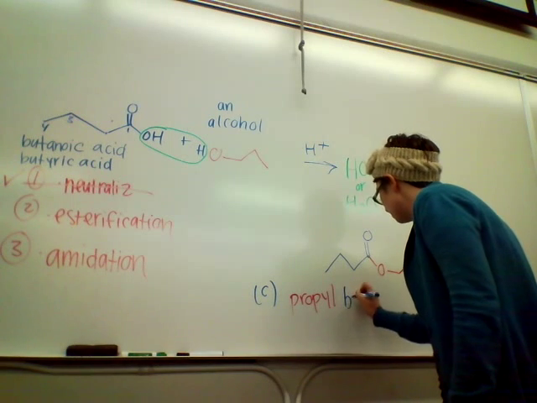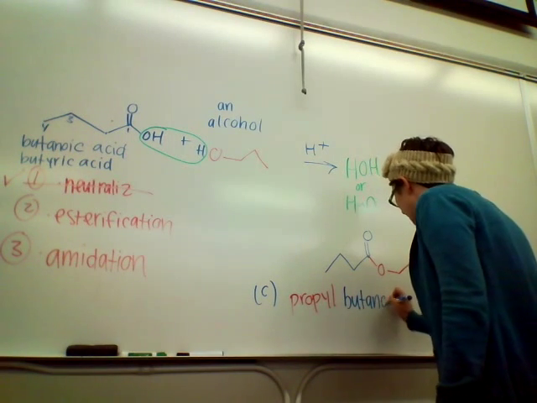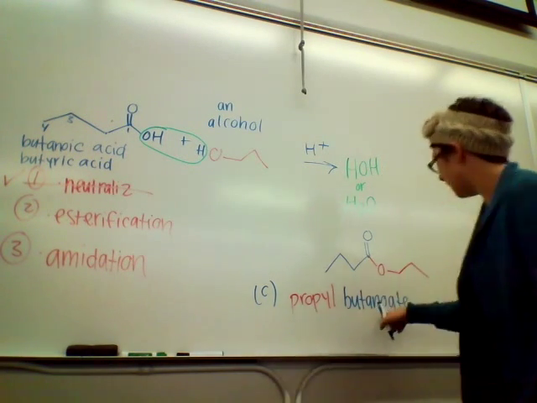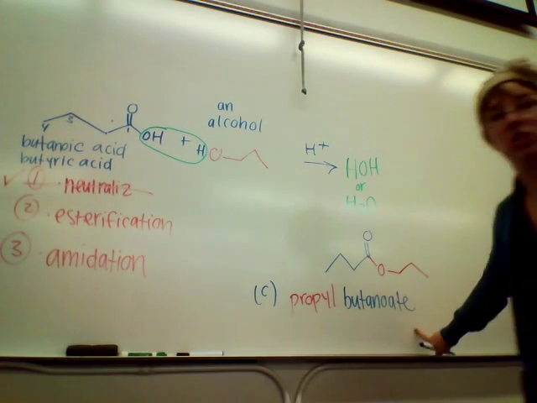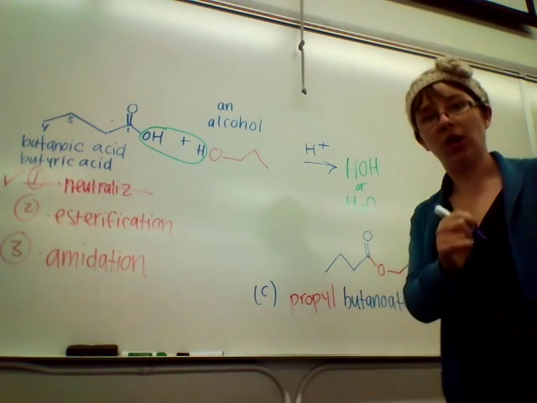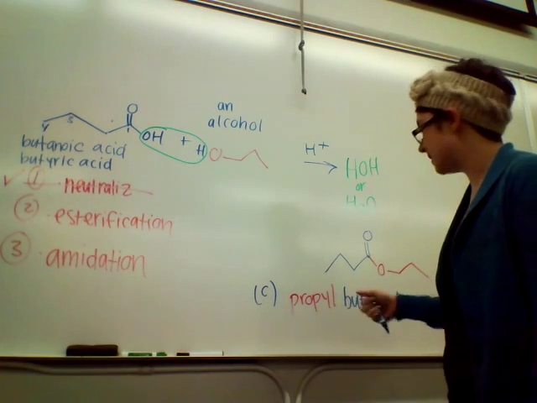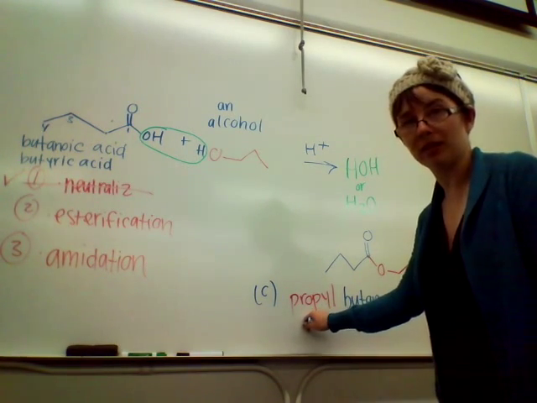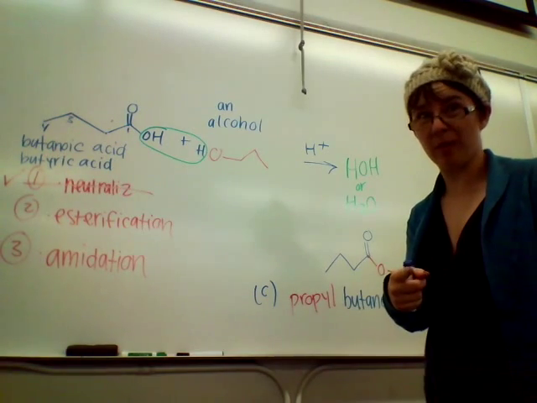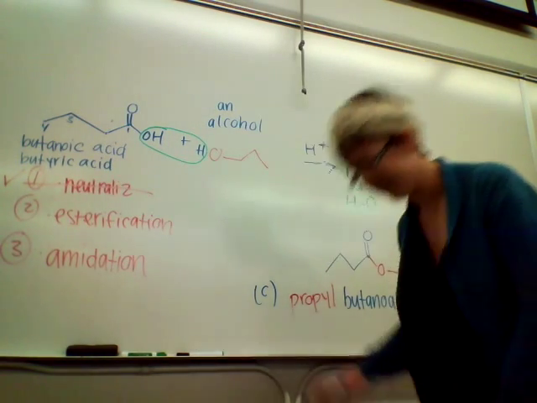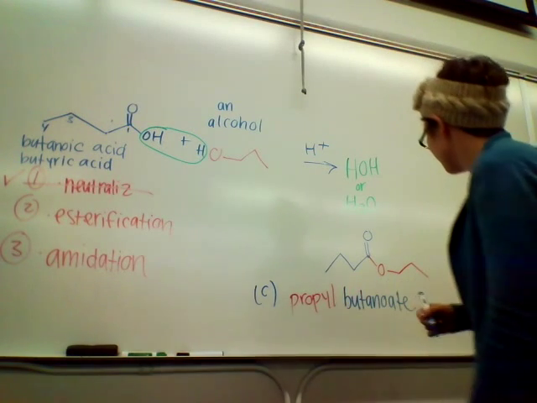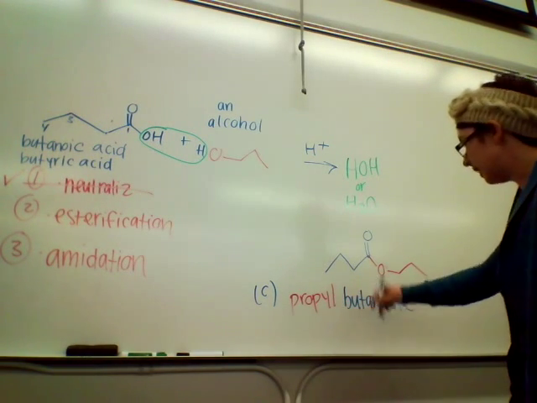So you say propyl butanoate. So you see it has the same -ate ending that a salt did, but the difference with the salt is you're going to see a cation in front. For an ester, you're going to see an alkyl group in front. And I'll kill you if you don't remember that. Yes, that is correct. So propyl butanoate.